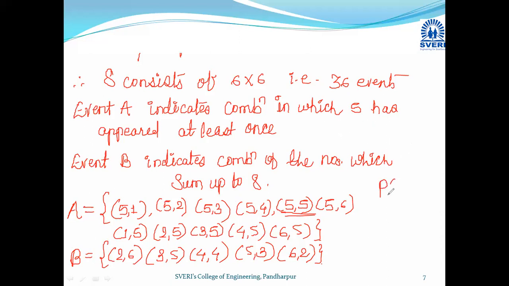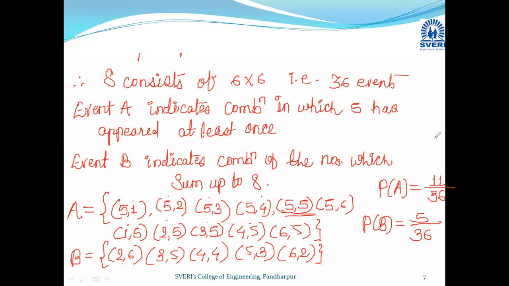Now probability of A is equal to, total events are 36, and out of that 36, how many possibilities are there? 1, 2, 3, 4, 5, 6, 7, 8, 9, 10 and 11. Out of that 36 events, there are 11 possibilities. And for event B, probability of B is out of 36 events, 1, 2, 3, 4, 5. There are 5 possibilities.